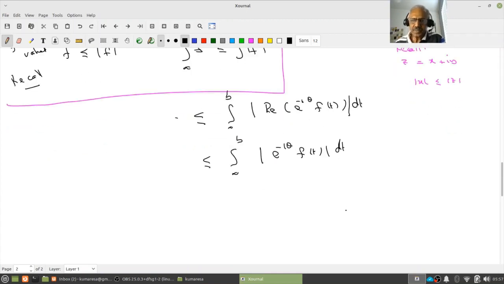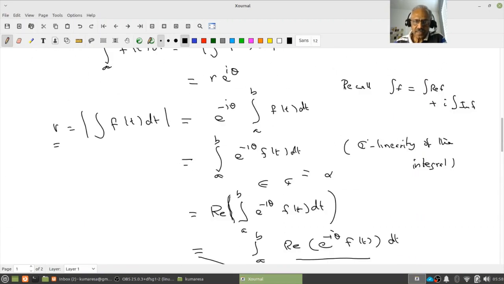Now notice that this is the modulus of a product of two complex numbers, therefore it is the modulus of e power minus i theta times the modulus of f of t. The modulus of e power minus i theta is 1, therefore this is nothing other than the integral of modulus f of t dt, right?